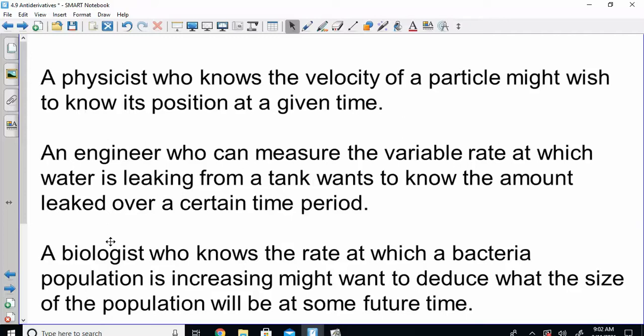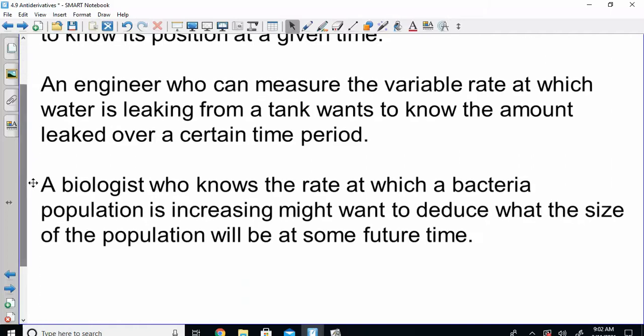So sometimes we don't necessarily know the amounts, but we know the rate. Or you might know the rate that a bacteria population is increasing, and you want to know what the population size will be at a given point in time. Or we might know the rate that COVID is spreading, and we want to know how many people would be infected at a given point in time. So all of these involve antiderivatives.